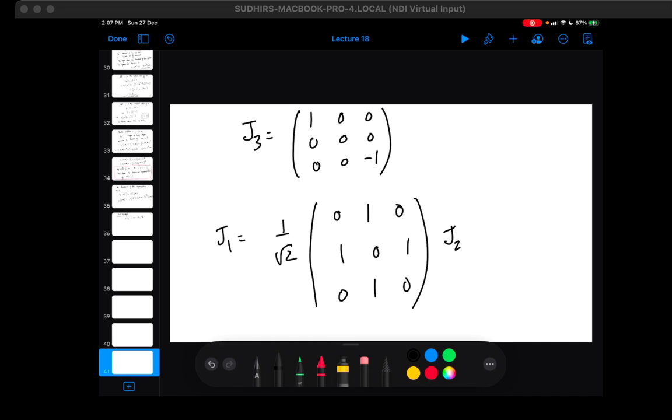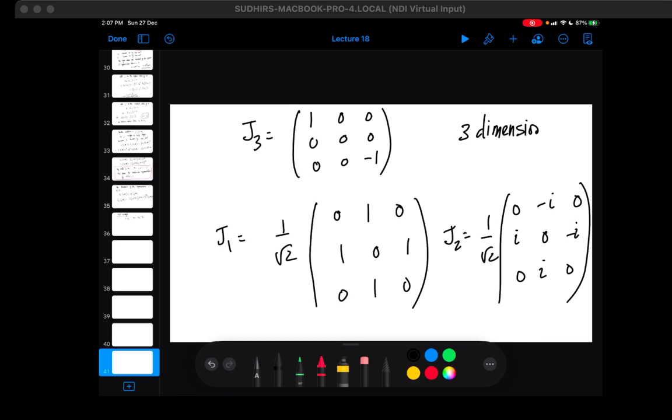J2 is 1 by root 2 times 0 minus i 0, i 0 minus i, 0 i 0. So J1, J2, J3 are three-dimensional matrices.